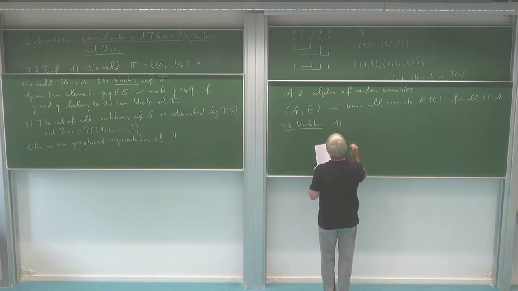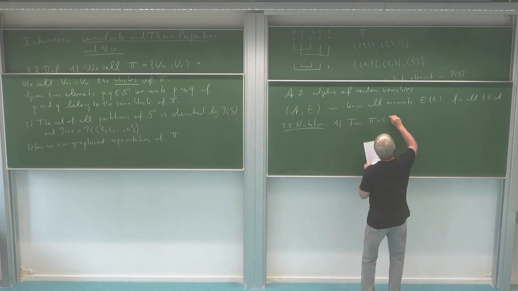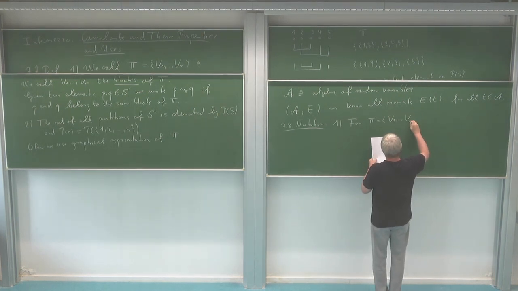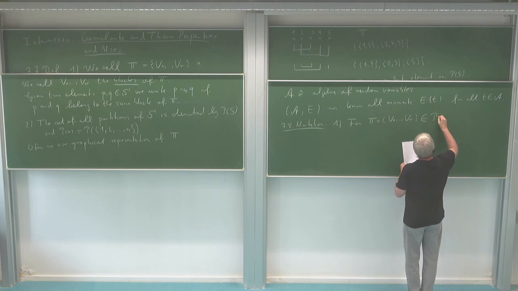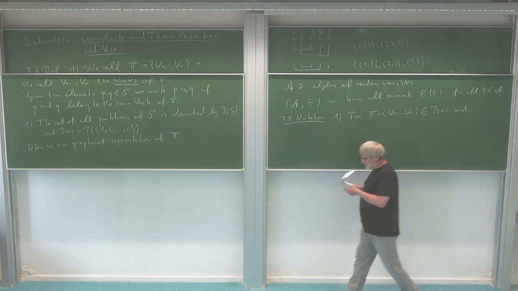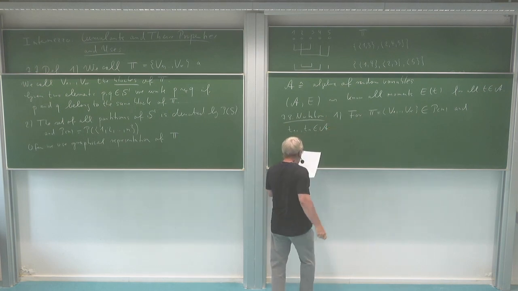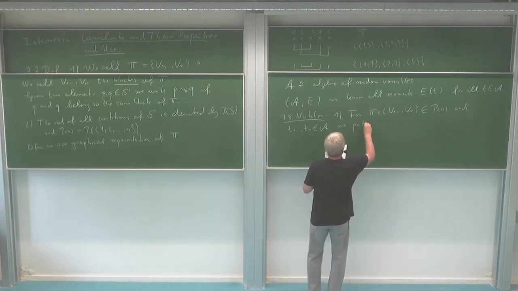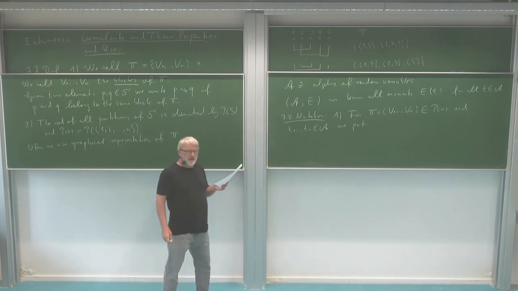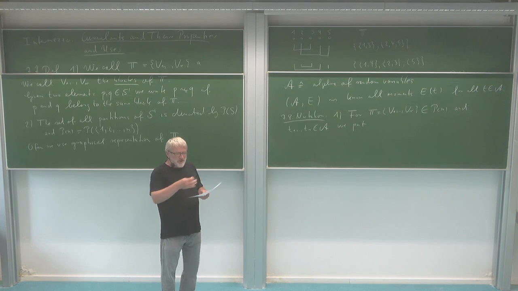So if I have a partition pi, which consists of blocks V1 up to VR, let's say a partition of n elements, and I have n random variables, t1 up to tn in A, then I take a moment of those random variables, but not just a moment where I multiply all of them, but I multiply only the ones which are in each block of the given partition, and take the expectation of this and multiply them.